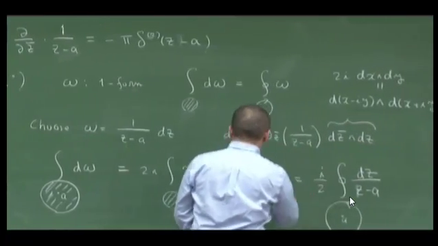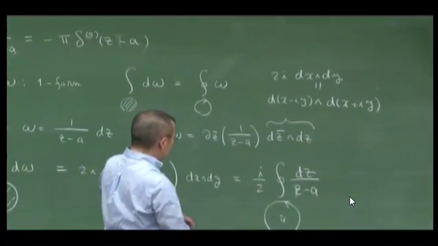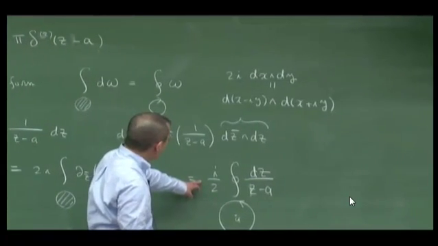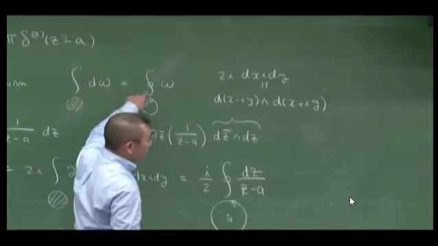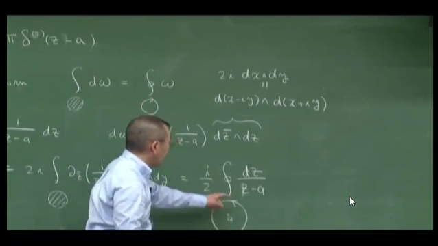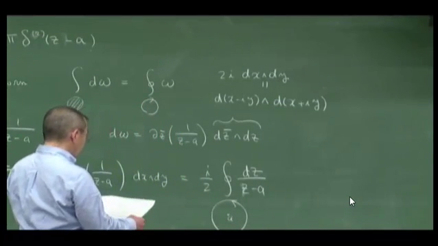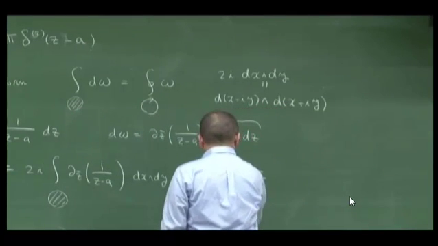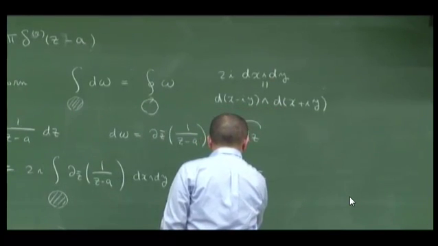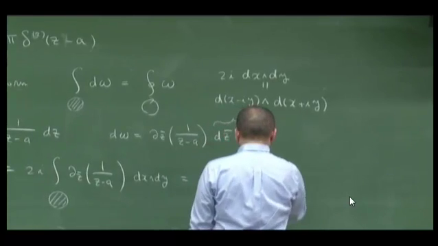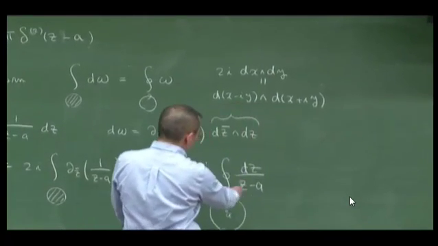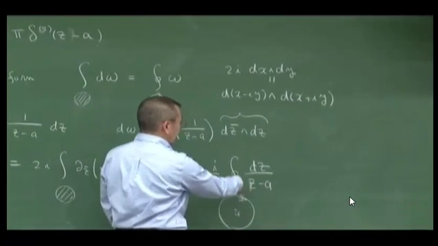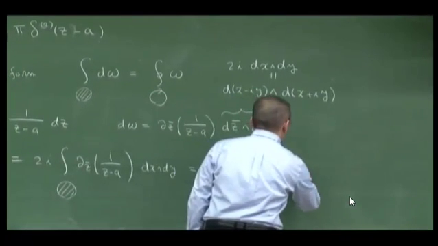Actually, if I use the Stokes theorem, I would have gotten a minus sign, but then the orientation would be in this direction, so I flipped the orientation. So this is the correct orientation. Excuse me, I'm going backwards. So I think I should be getting this sign. So then, if I use the Stokes theorem, this is going to give you minus 2 pi with this orientation. So then I get minus pi.